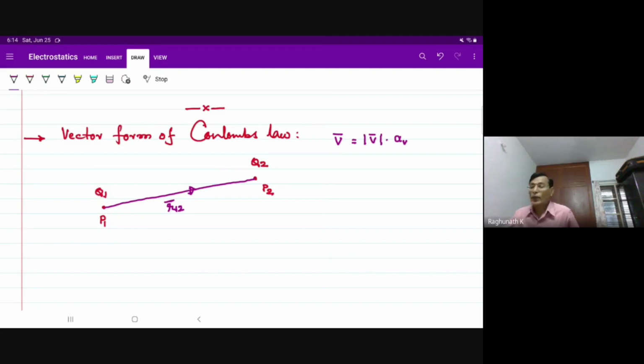Listen carefully. I want to talk about the force on Q2. Because Q1 and Q2 are assumed to be positive, the force is in this direction specified by R12 cap, which is R12 bar divided by modulus of R12 vector. Correct, no? I got the unit vector in the direction of the repulsive force experienced by the charge Q2.